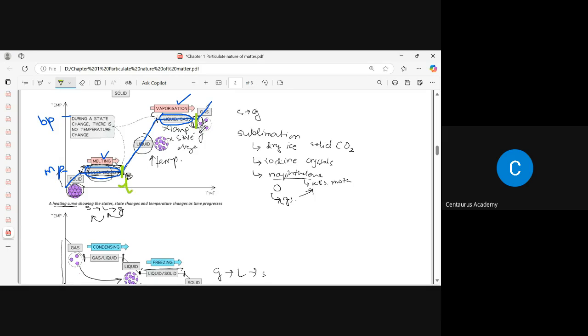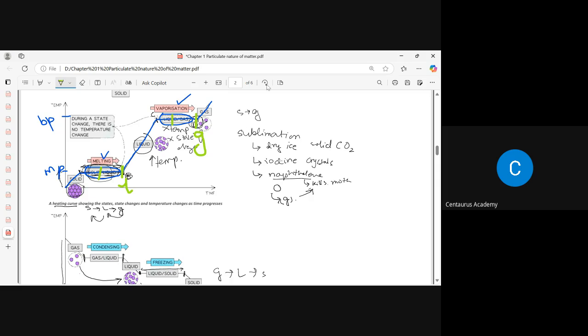And at this point, all the particles have been completely converted into gas. But over the plateau, there will be certain particles which are solid and certain which are liquid. And for the second phase, they are going to be gas or liquid.